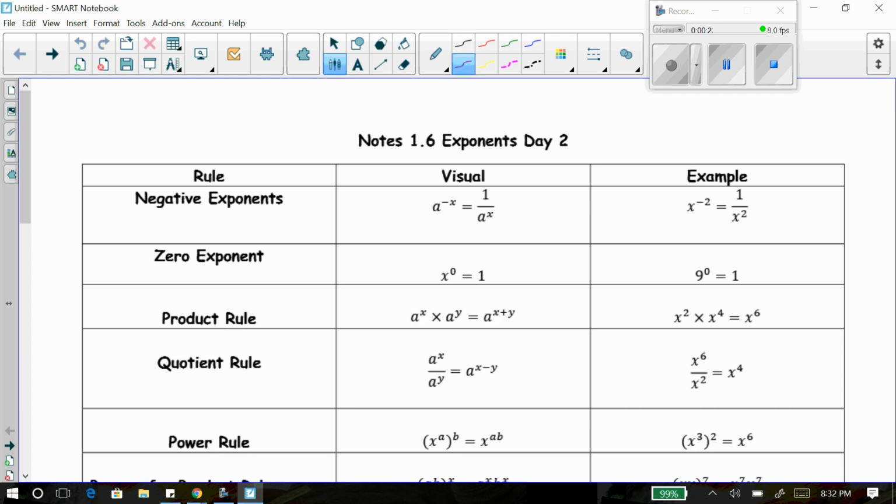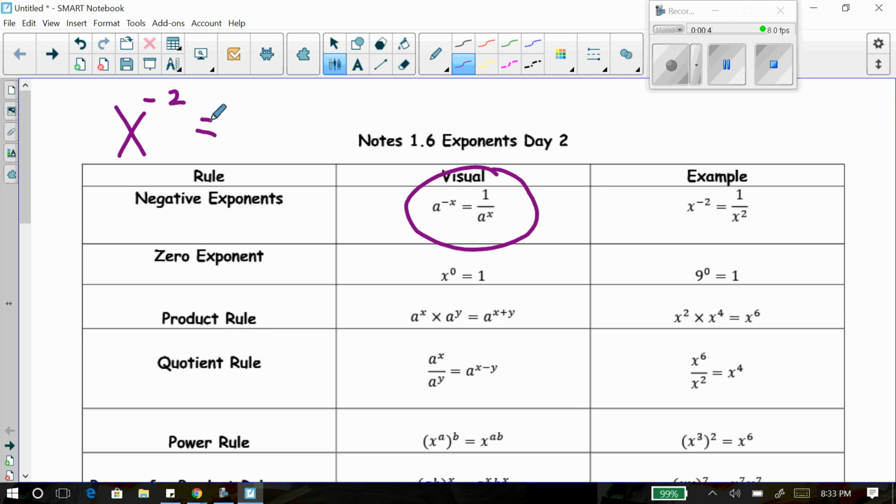So in our last exponent lesson, we talked about negative exponents, all right? And we talked about when you have a negative exponent, you basically flip it. So if I have x to the negative second, whenever you have a negative exponent, you find the opposite.